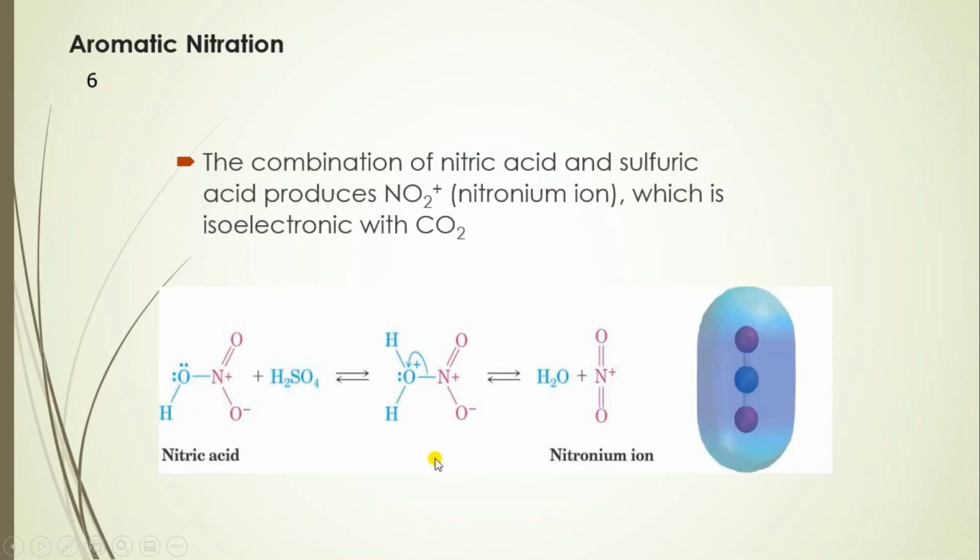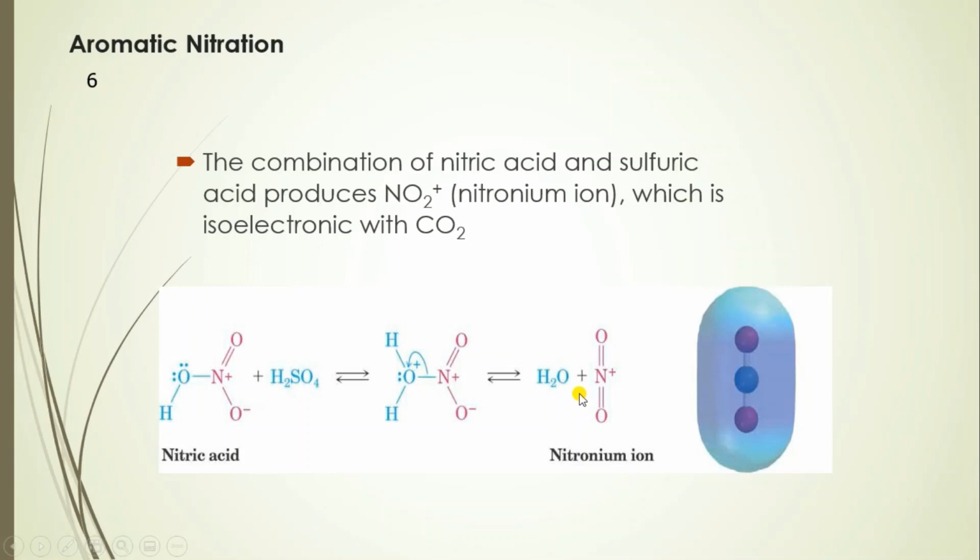The bond between oxygen and nitrogen is shifted towards oxygen, and this water molecule is removed. So the very first step in the nitration reaction is the abstraction of a proton by the nitric acid from the sulfuric acid.